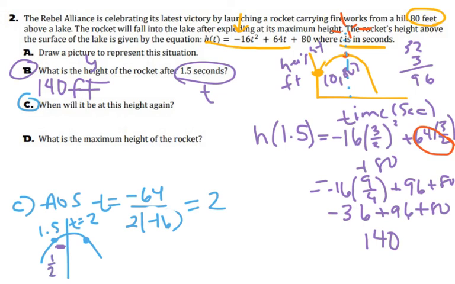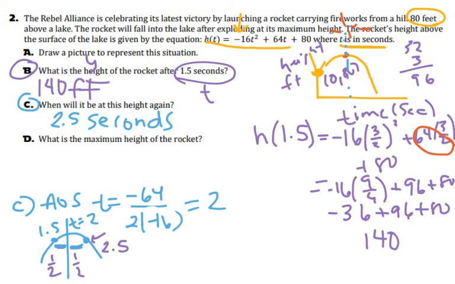It's 1/2 away, which means it will be at that height again 1/2 of a second later, which means if I was at 2, this is going to be at 2.5 seconds. And all we did to figure that out was use symmetry. It was 1/2 below the axis of symmetry. It will be at that height again 1/2 after the axis of symmetry time.